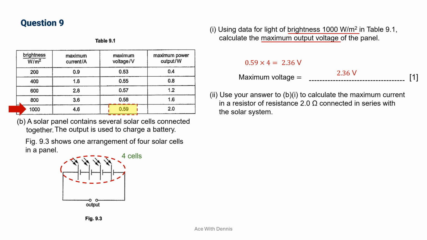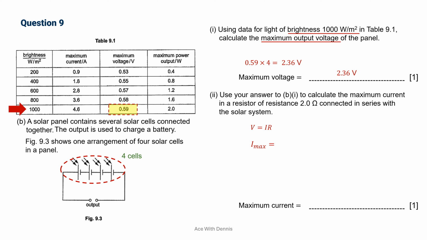Part 2. Use your answer to B part 1 to calculate the maximum current in a resistor of resistance 2.0 ohms connected in series with the solar panel. 1 mark. So to calculate the maximum current, we will use Ohm's law, V equals IR.